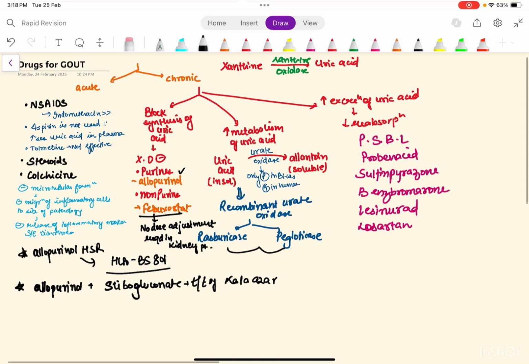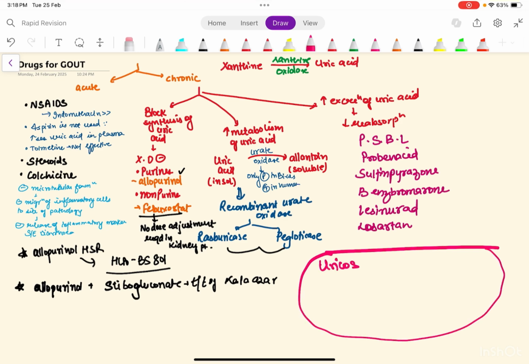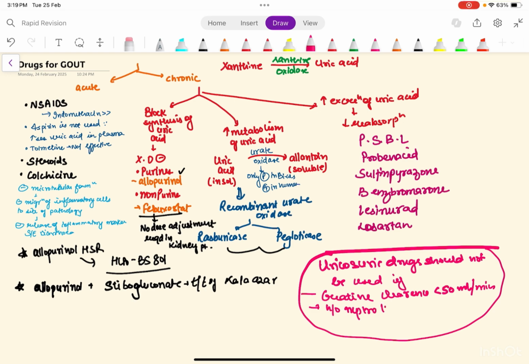All right, then there is one more criteria also that you should know, just for sake of knowing, that is uricosuric drugs should not be used if creatinine clearance is less than 50 milliliter per minute, if there is history of nephrolithiasis, or if there is evidence of overproduction of uric acid.